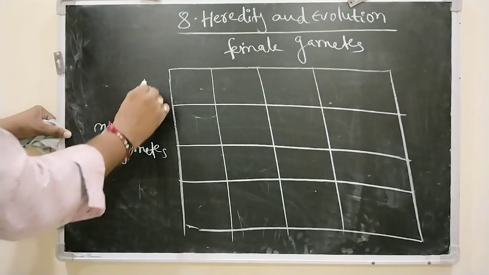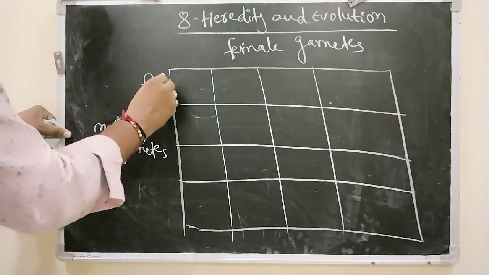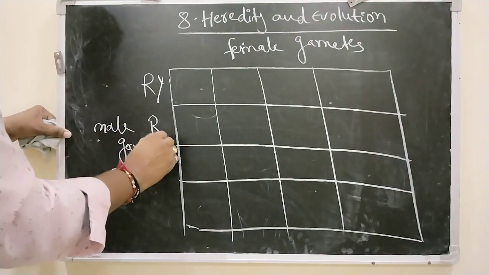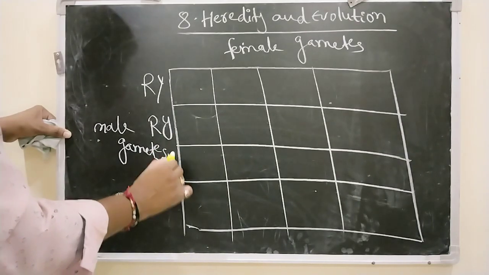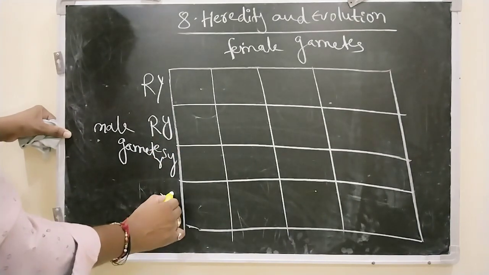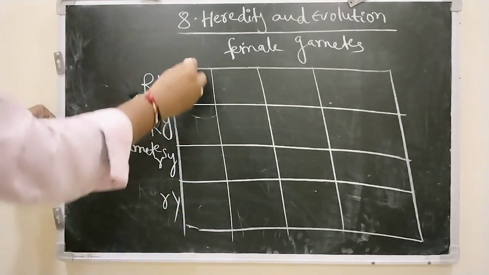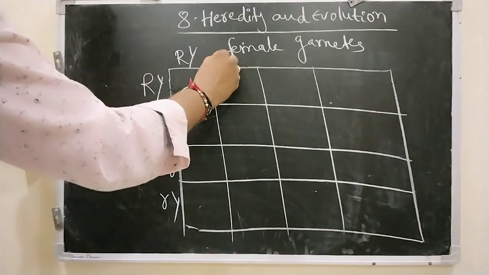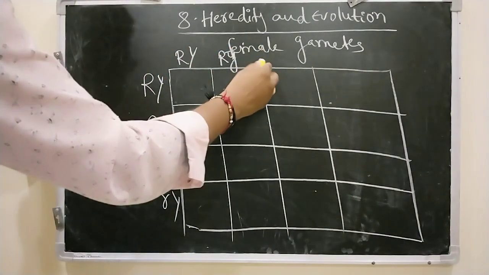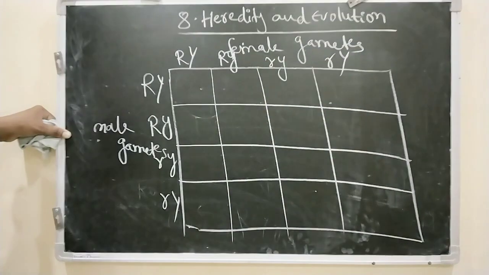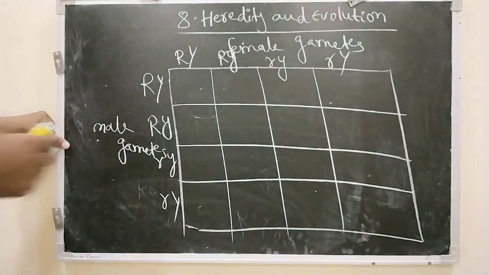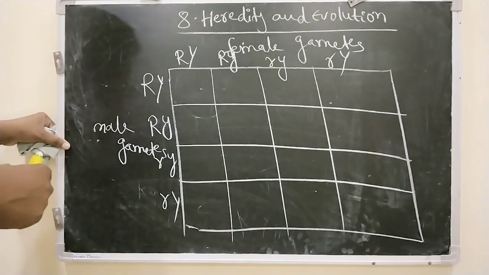So here is capital R, capital Y, capital R, small y, small r, small y, small r, capital Y. Same here also, capital R, capital Y, capital R, small y, small r, small y, small r, capital Y, right? So what about the F2 generation?